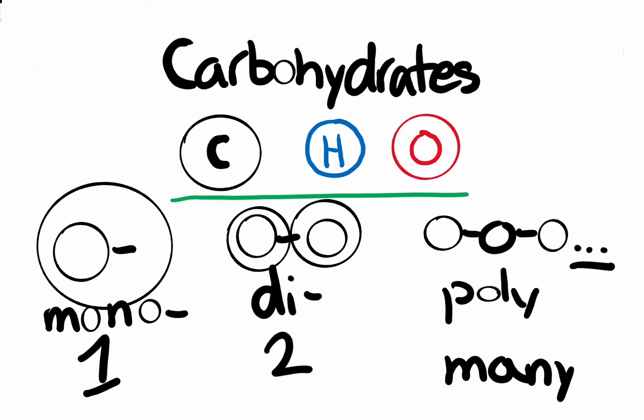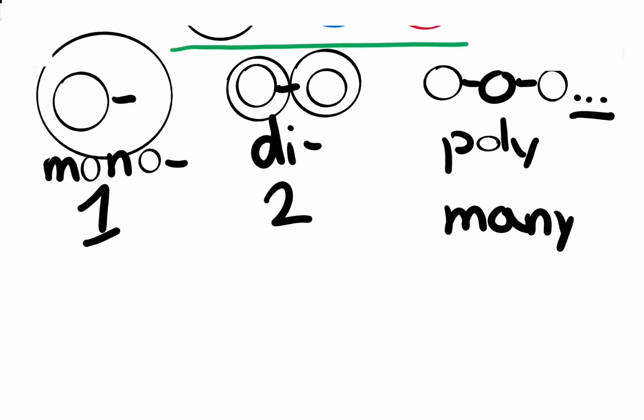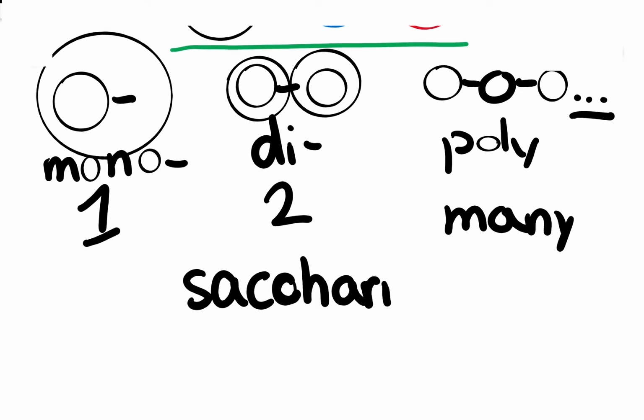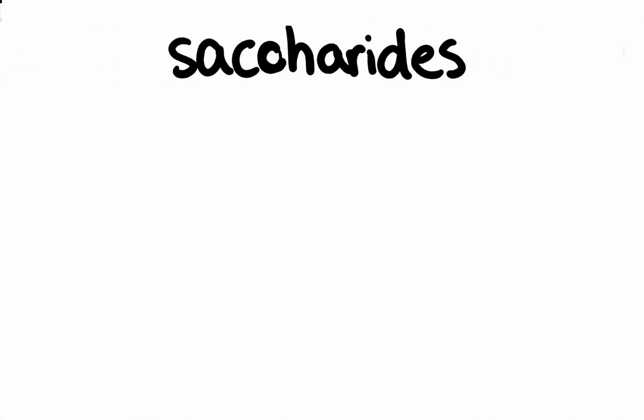You have many monomers, and the monomers are the monosaccharides. And so just to help you spell out monosaccharides, spelled SACCHARIDES. So these are monosaccharides, disaccharides, and polysaccharides.